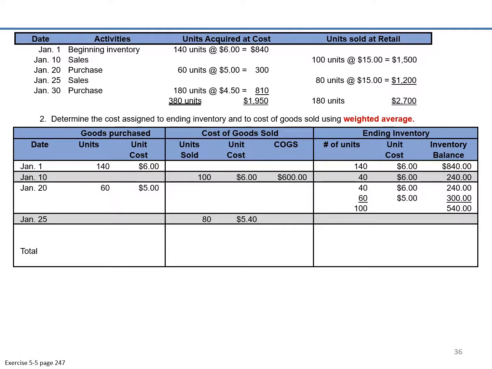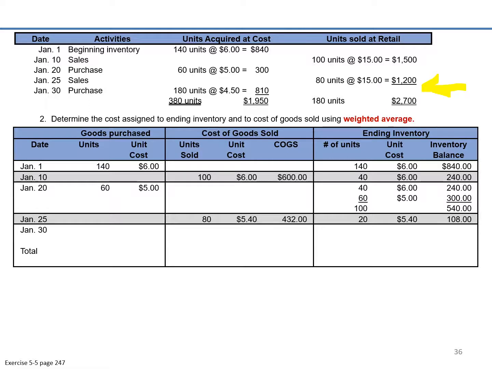So when we sell our 80 units on January 25th, we use our average cost of $5.40. We have cost of goods sold of $432, which means we have 20 units left at $5.40, or $108 in our ending inventory balance.